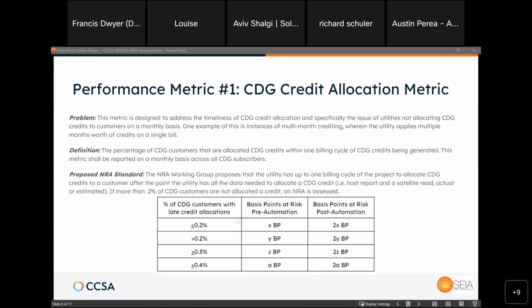Yeah, any response from the utility on the percentage of accurate bills point? I think they're huddling.